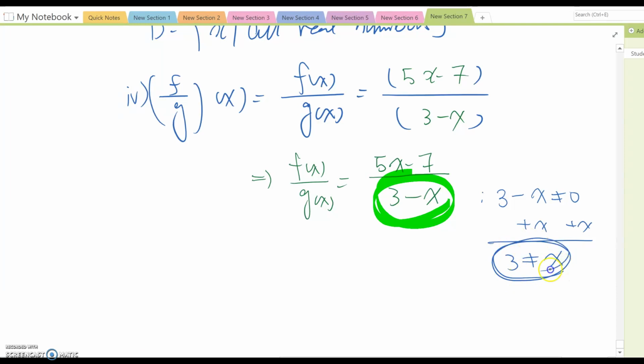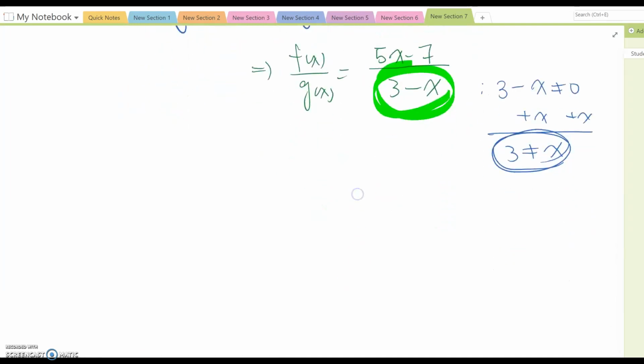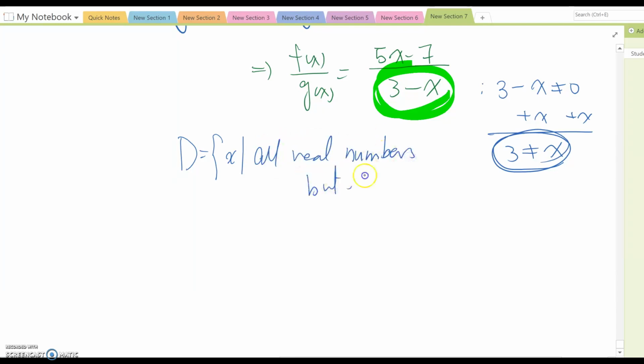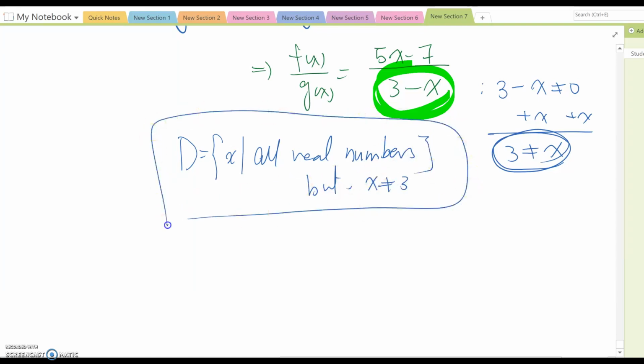That's our restricted value, and it affects the domain as well. So the domain can be all real numbers, but x cannot be 3. That will be the domain for this function.